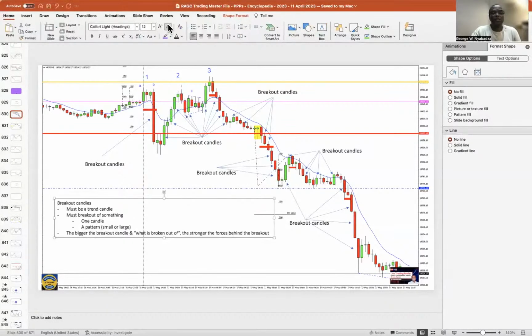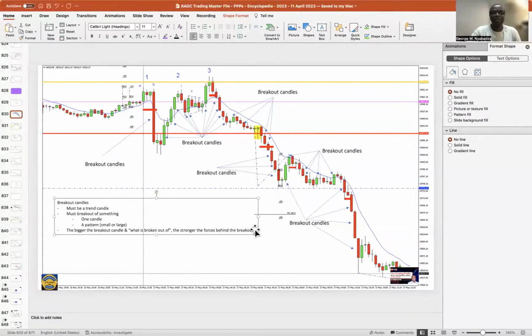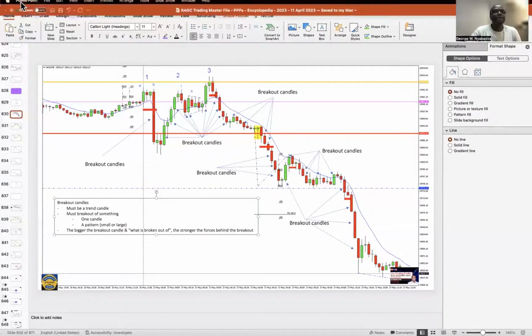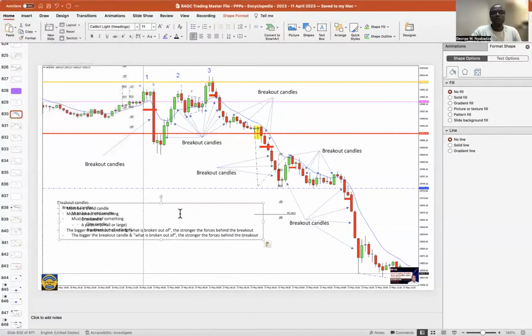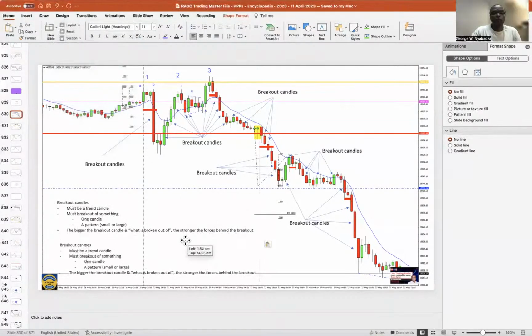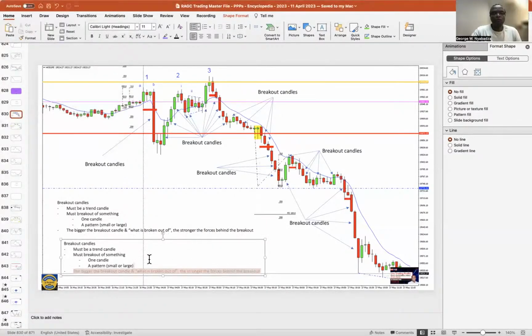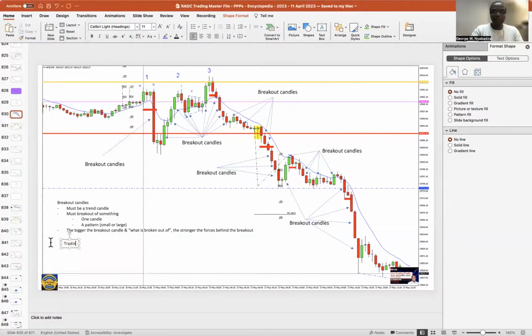So let us do this. Breakout candles. Now I'm just going to call this trading breakouts. First, there must be a breakout.